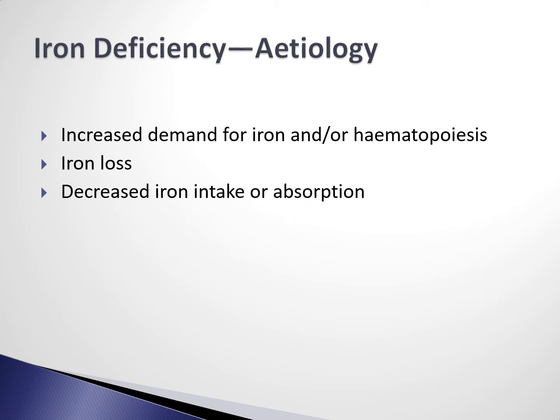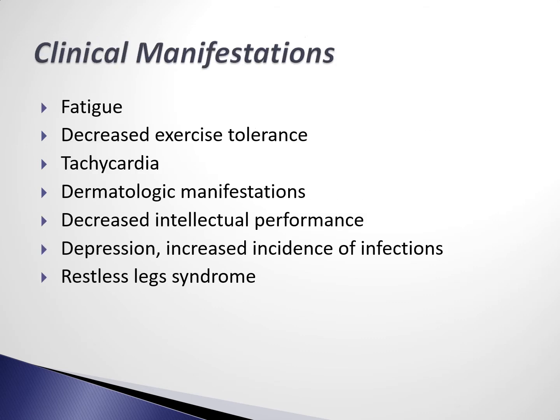So this is the etiology of iron deficiency anemia. Now the clinical manifestations: we have already seen what are the manifestations of anemia. The same again are shown here, that is fatigue, tachycardia, that is palpitations, decreased intellectual performance, dermatologic manifestations, and paleness. These are the clinical manifestations.